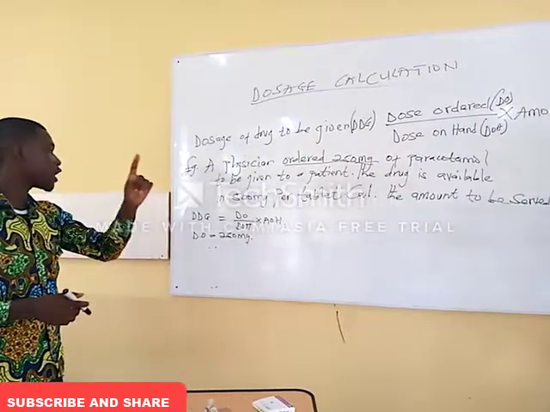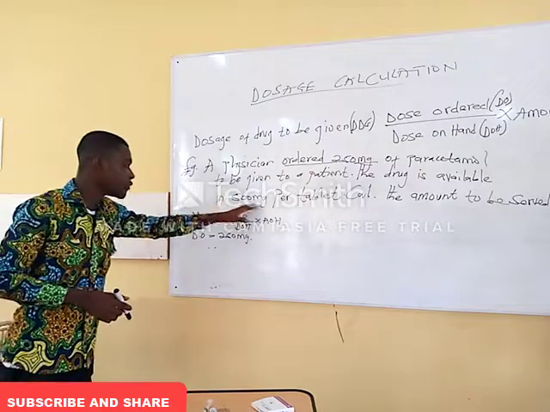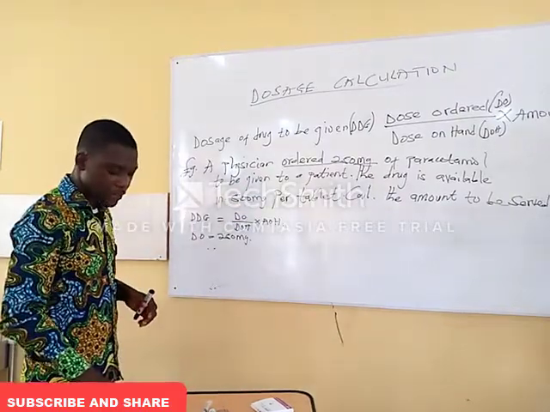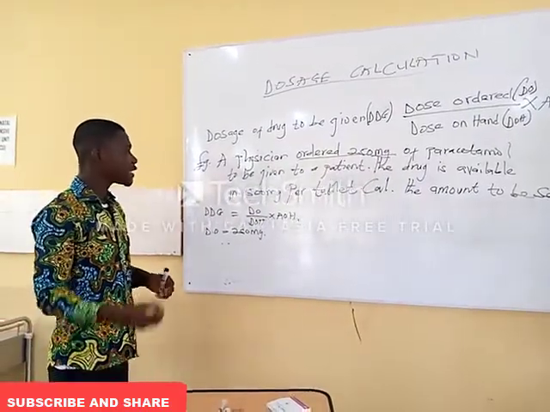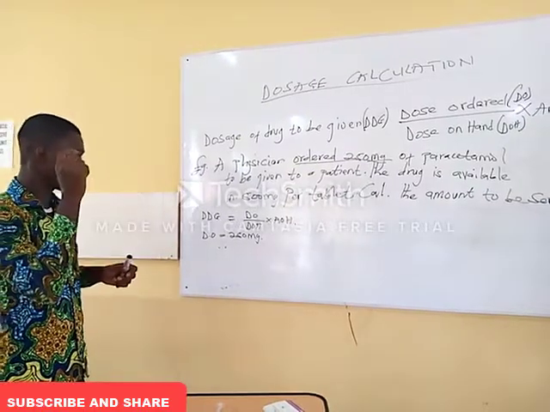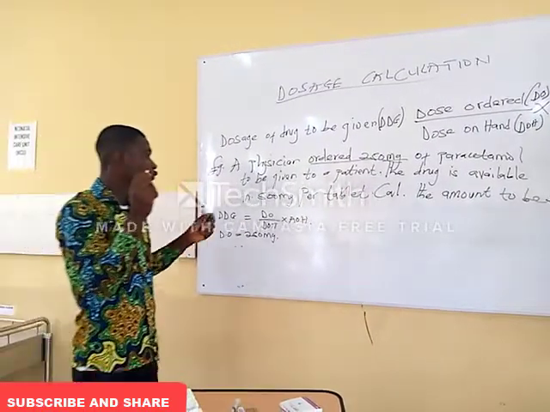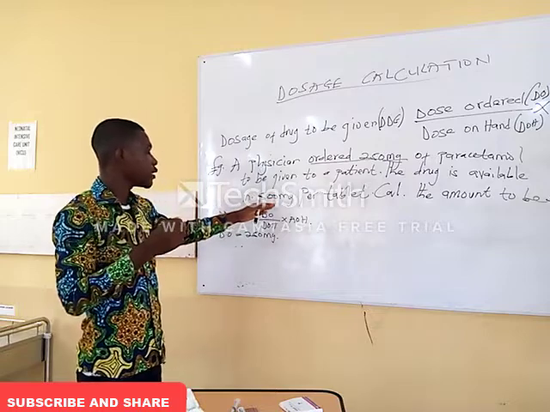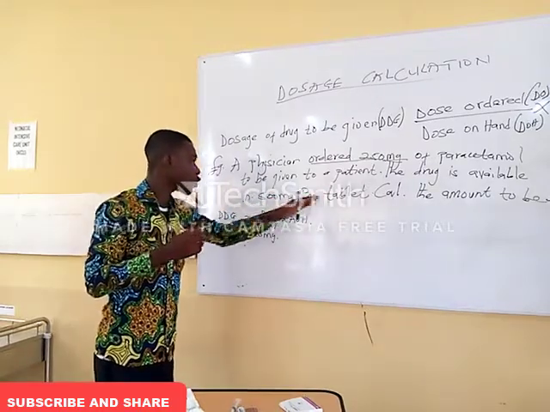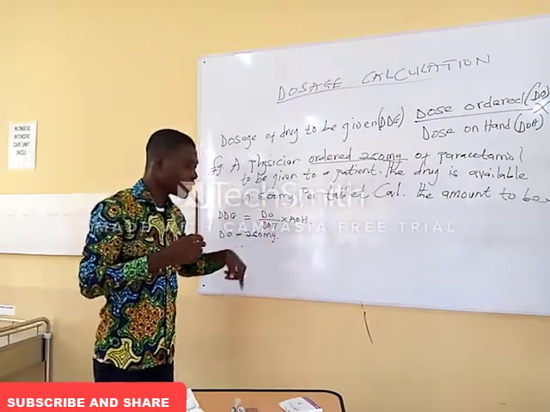The drug is available in 500 mg per tablet. That means if I take one tablet, the quantity this one tablet contains is 500 mg.